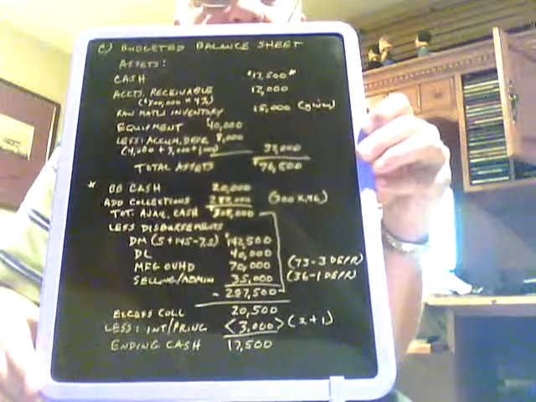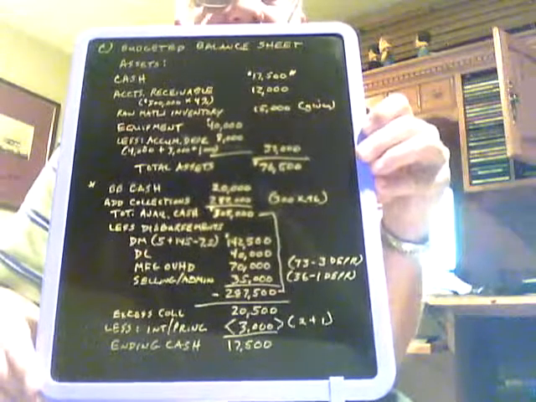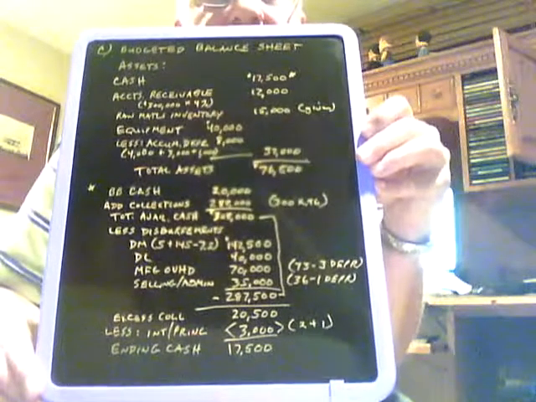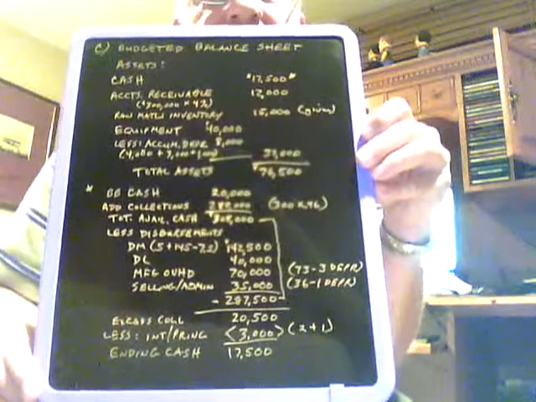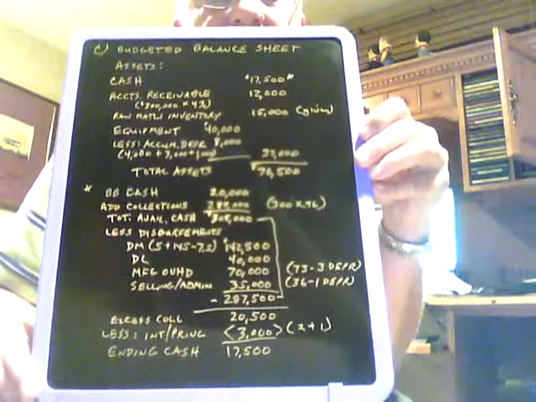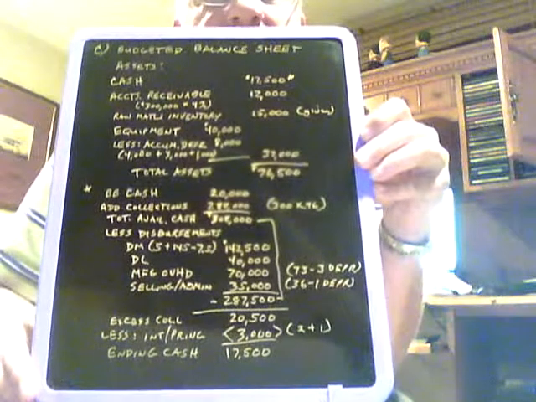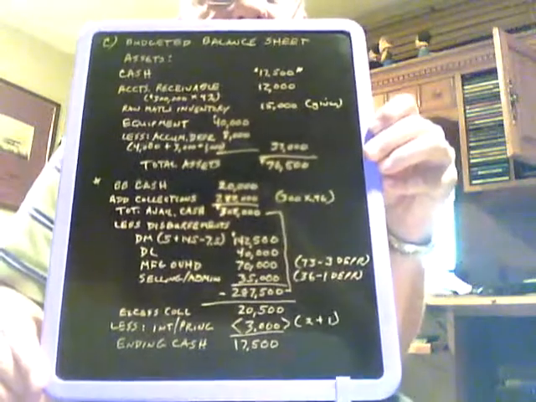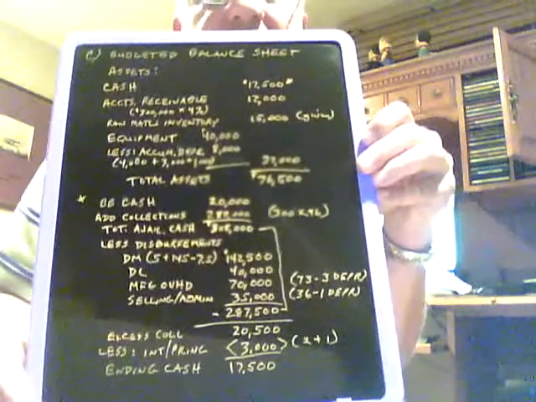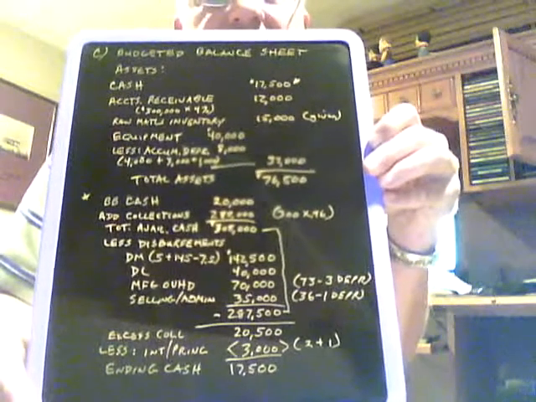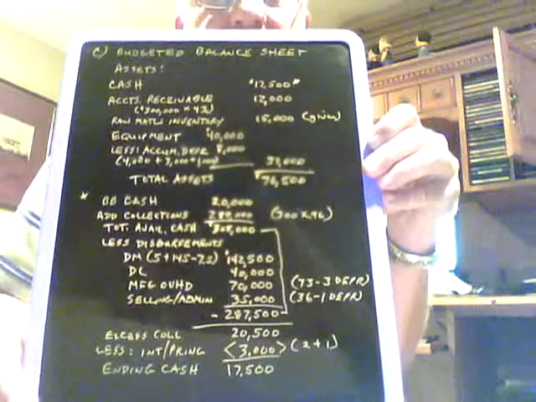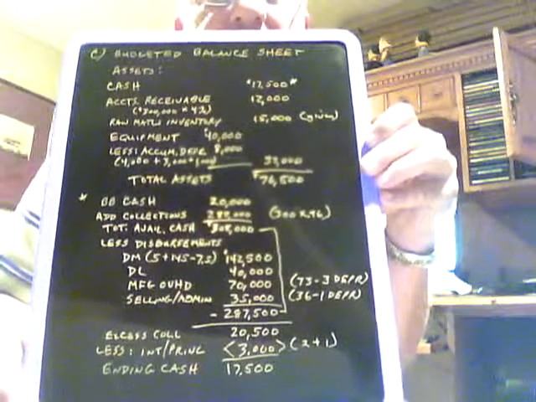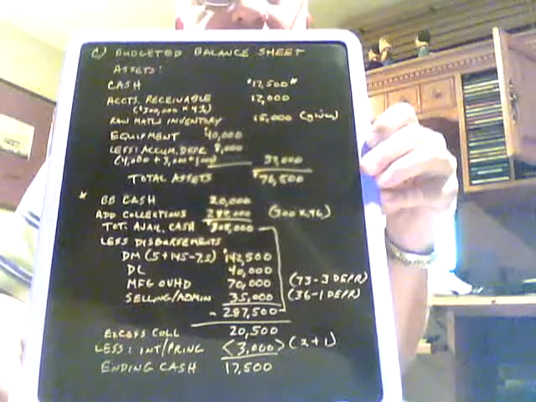We can assume that the amount purchased during the year of 145 grand was all dispersed during the year. So we got 50% of the beginning inventory of 10,000 plus the purchased amount of 145 minus 50% of the ending inventory of 15,000, or 7.5 I'm showing here, which is really 7,500. That gives us a direct material disbursement amount of 142,500.